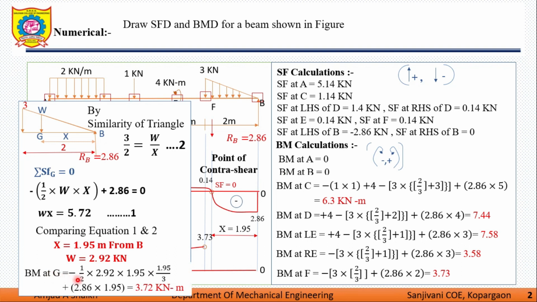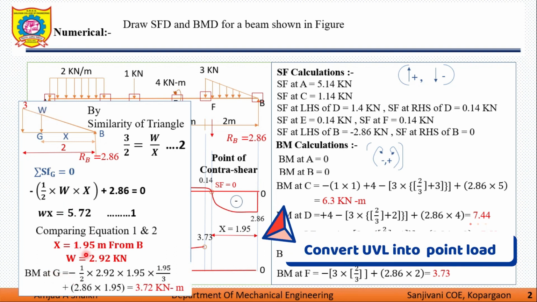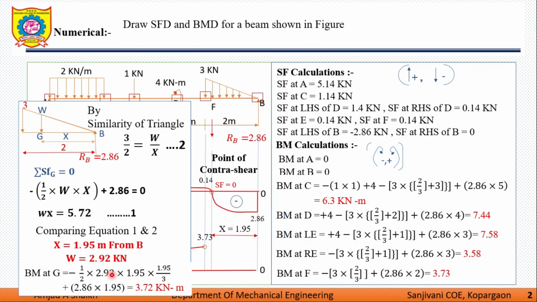So bending moment at point G, the W value is known to us. So convert this UVL into a point load: 1 by 2 into 2.92 is the load, into 1.95 is the distance. So we can say 1 by 2 into base into height, W is 2.92, X is 1.95. So this is the conversion of UVL into point load, into the distance X divided by 3.